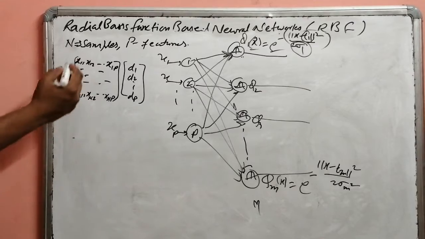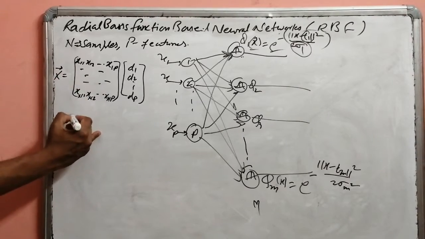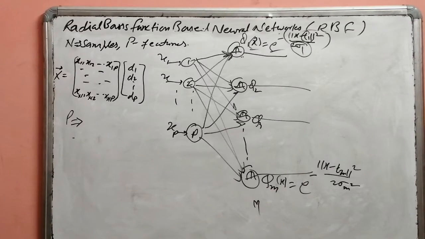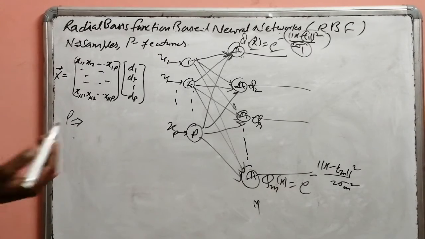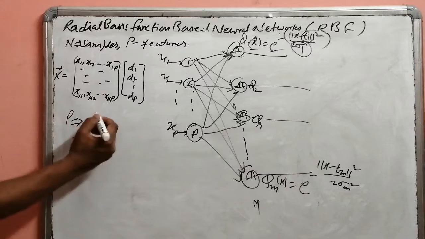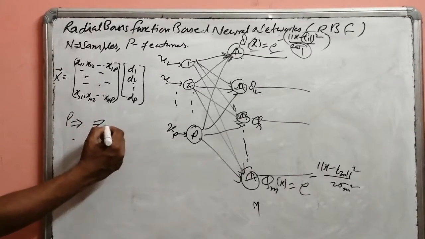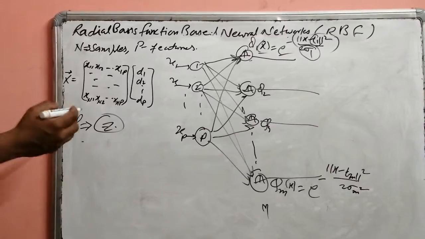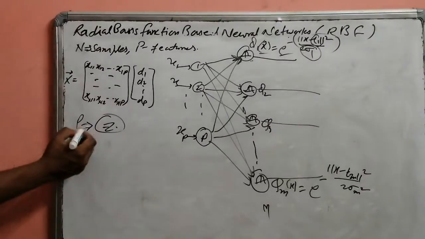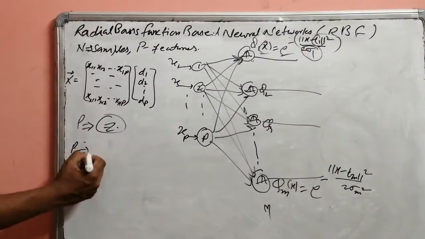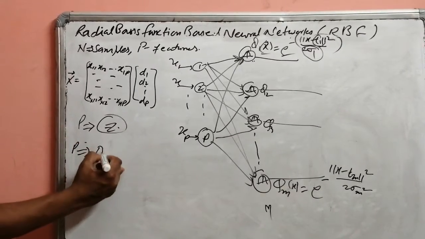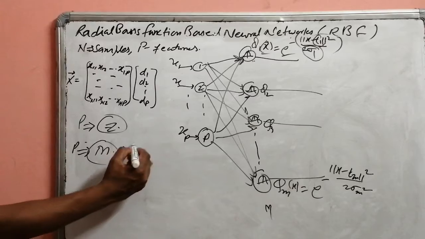Suppose initially your p patterns were to be clustered amongst z number of clusters, and initially in the intermediate way these p features were linearly or non-linearly mapped into m number of features given by your hidden layer.